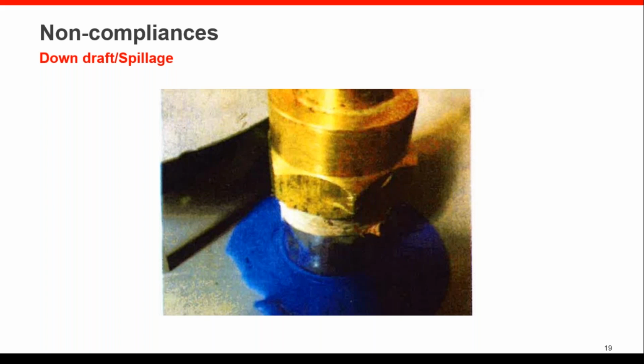And so that could be an indicator of a downdraft or a spillage situation, and worthy of either a smoke test or a match test to make sure that that appliance actually is drawing. As I said, somewhat subtle, but it can be an indicator of a potential problem, and you would be doing your client a good service if you did perform that check for them.